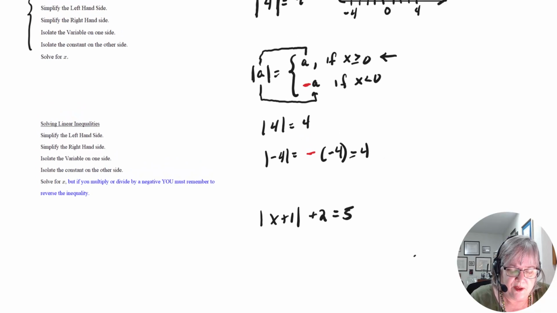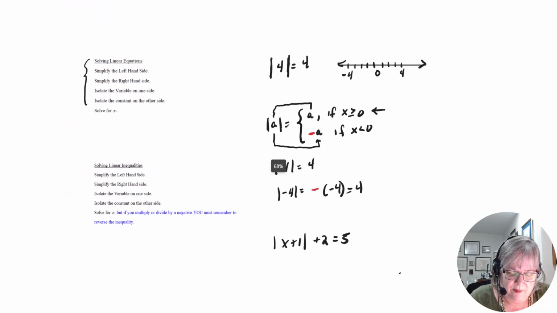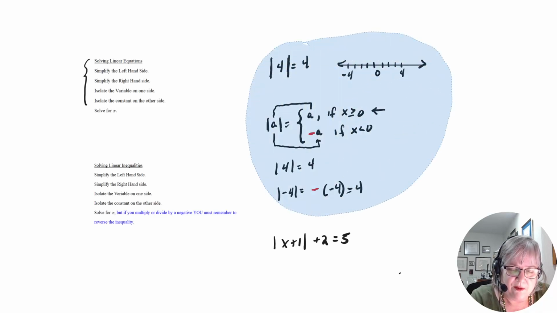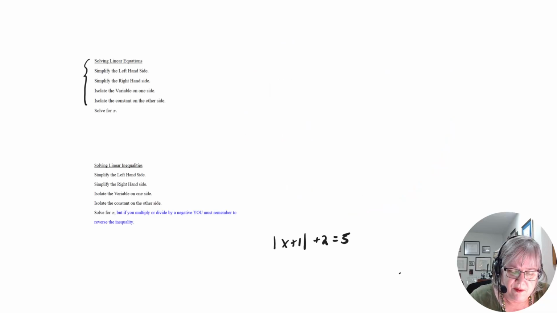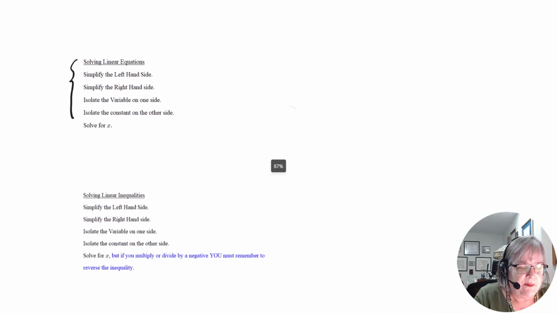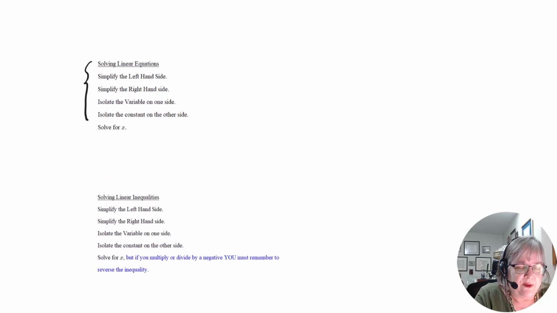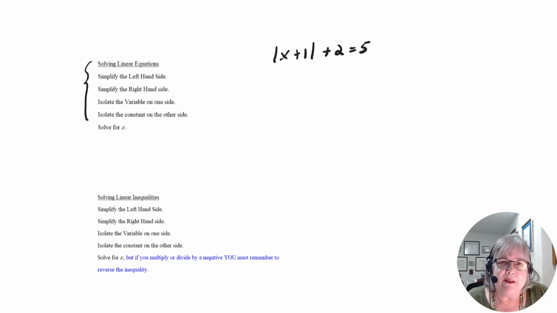I'm actually going to erase this up here and put that up there next to where the steps are. Okay, so if we had the absolute value of x plus 1 plus 2 equals 5, let's see how far we can get following this system that's over there.